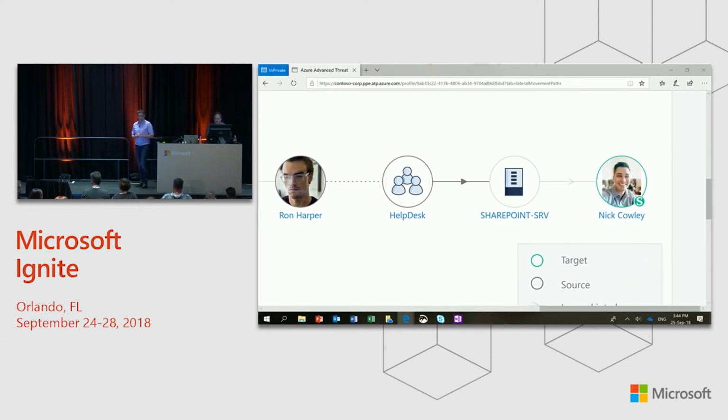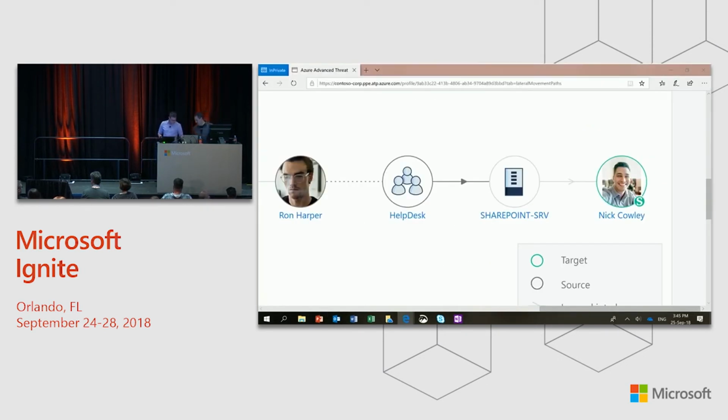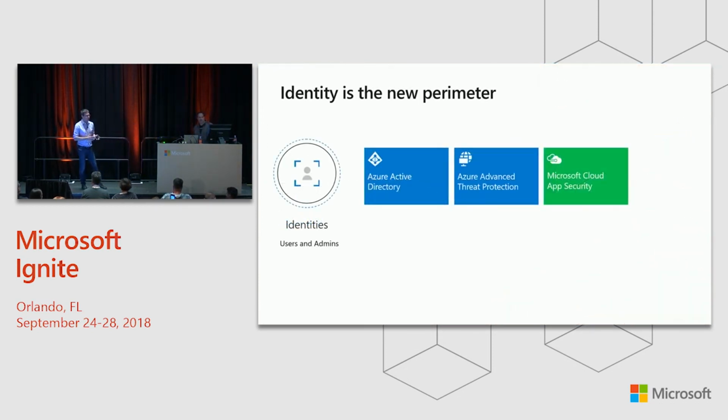From Ron to Nick, which is an admin account. So all of that and much more gives us the ability with Azure ATP to really understand what's going on in the network and to understand advanced attacks and investigate them.